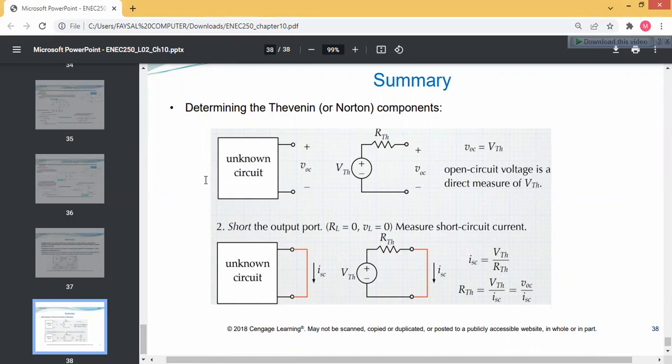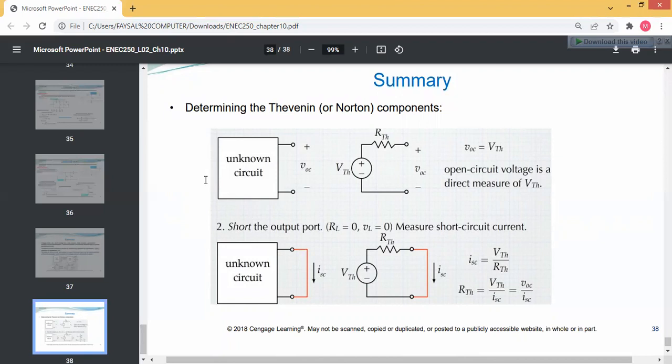Then there is an equivalent circuit, the open circuit voltage, which is a direct measure of V Thevenin. So V naught equals V Thevenin, and I have to compare with my values. When I separate it, there must be a resistor and a voltage source, and the voltage source must be equal to V Thevenin.